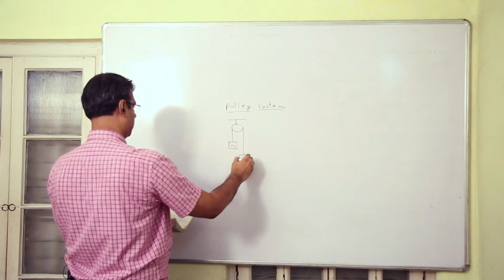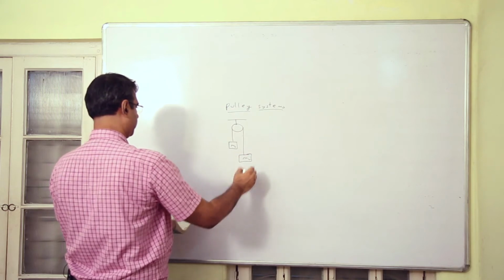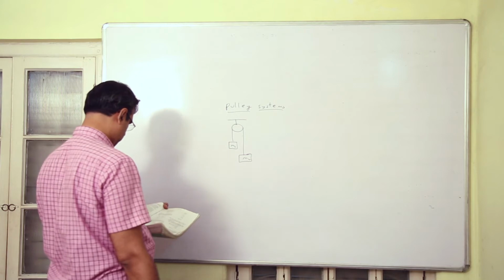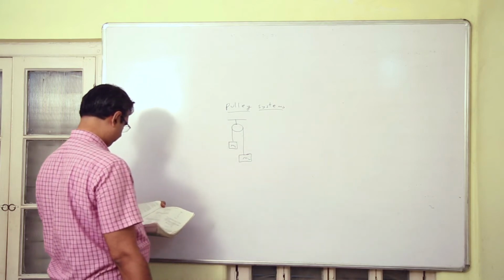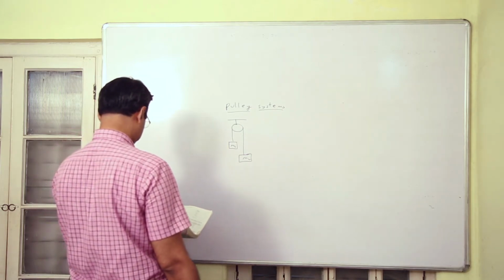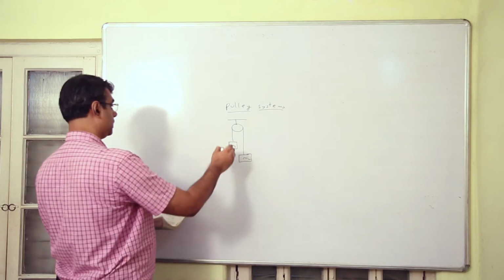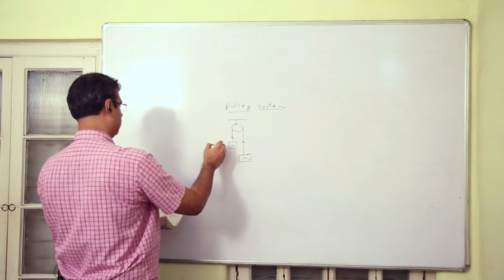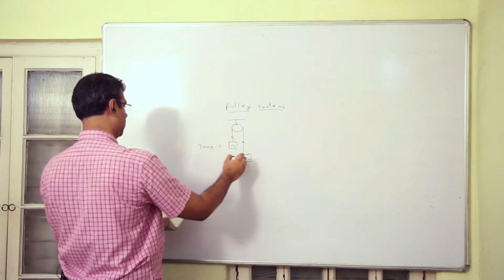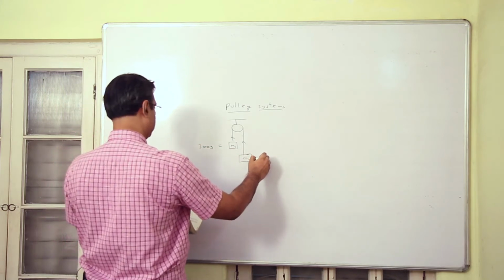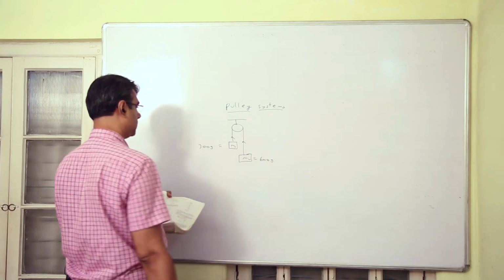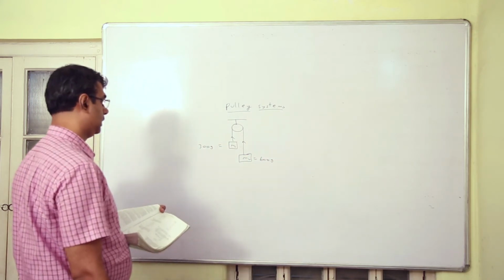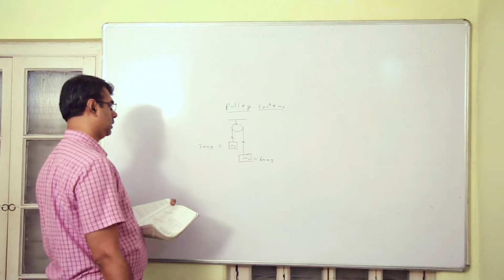This is M1, this is M2, they are both placed in this manner. By the way, M1 is 300 grams and M2 is 600 grams. So this information has been given.